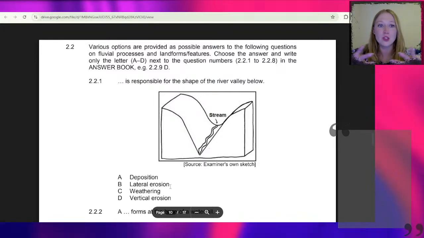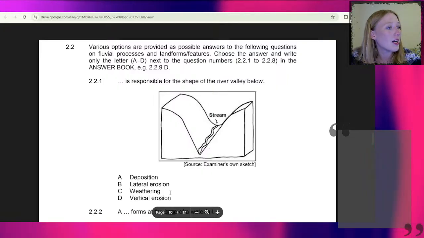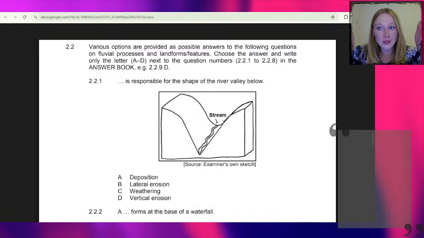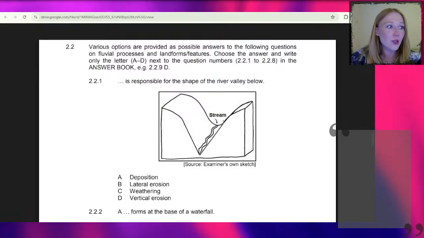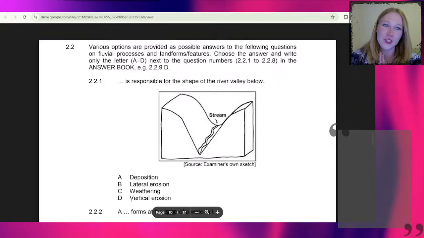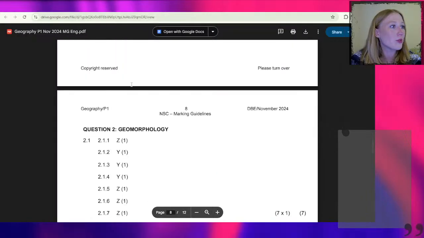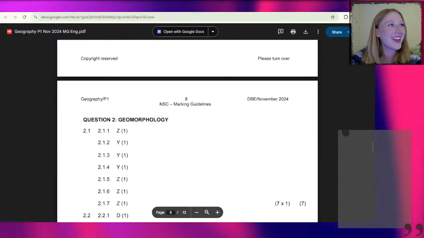Lateral means towards the sides, vertical means downwards. Because we have such a steep-sided valley, it's mostly eroding downwards, so vertical. And I love that we've got a little V for vertical valley. Okay, we have vertical erosion. Let's just double check. D, yes. Yay, we are so clever.